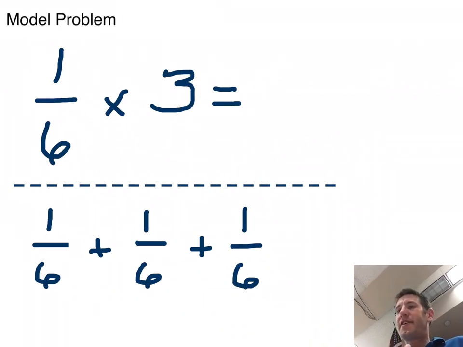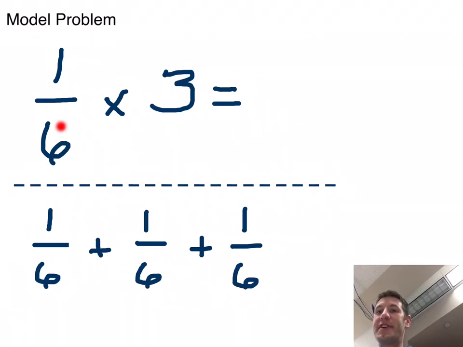You can think of multiplying fractions and whole numbers just like traditional multiplication, because multiplication, as you know, is repeated addition. So 1/6 multiplied by 3 can mean the same thing as 1/6 plus 1/6 plus 1/6, because you're multiplying 1/6 three times.